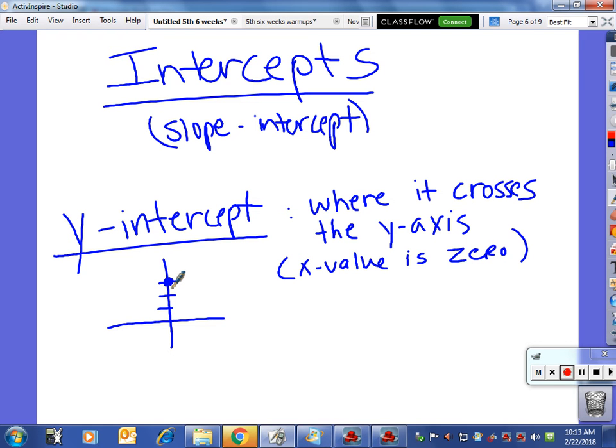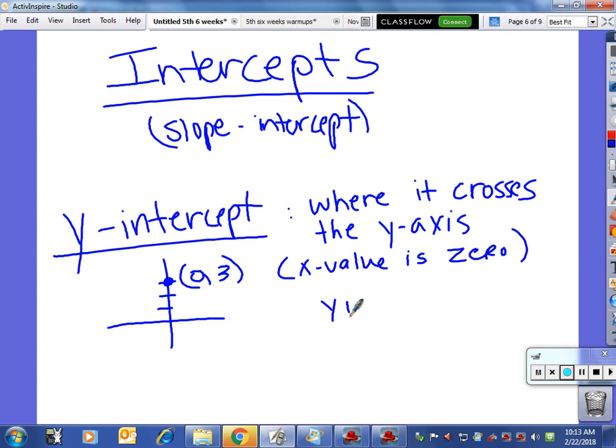Do you agree that's on the y-axis? What point is that? That point right here is (0, 3). So the y-intercept always has an x value of 0. Always, always, always. Any y-intercept on any kind of graph.